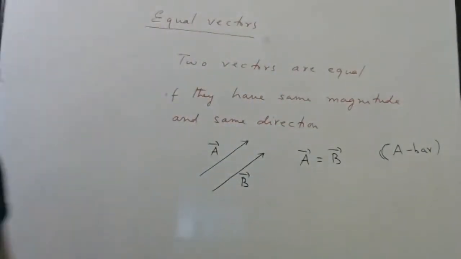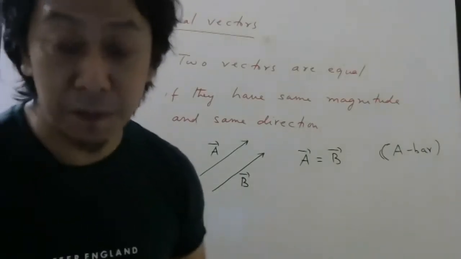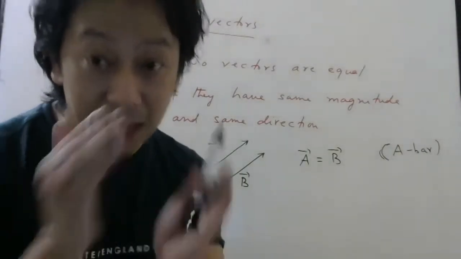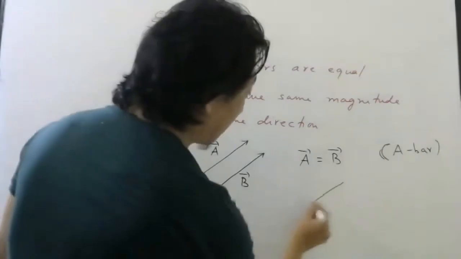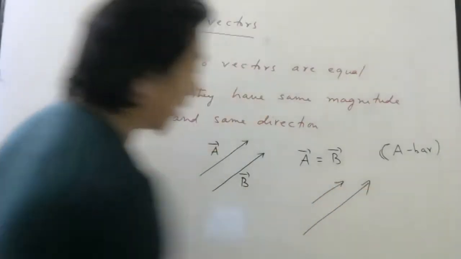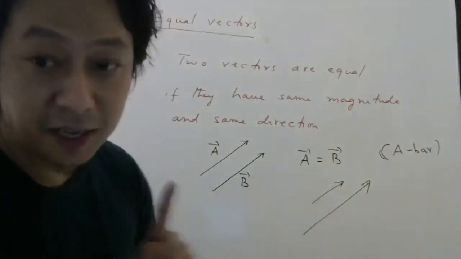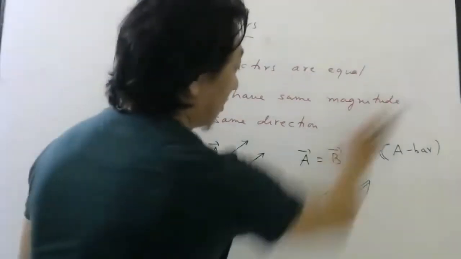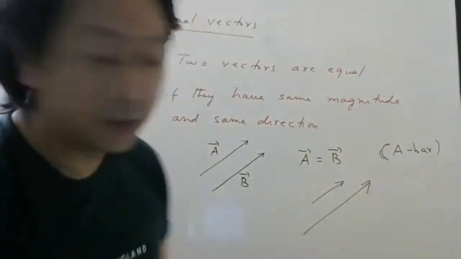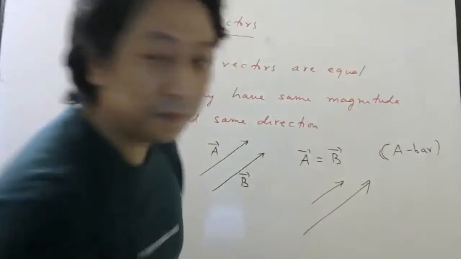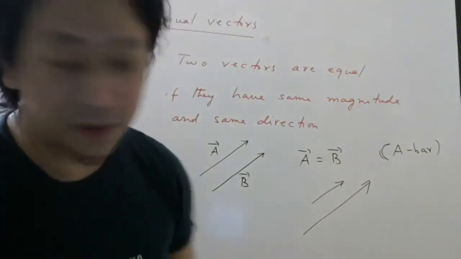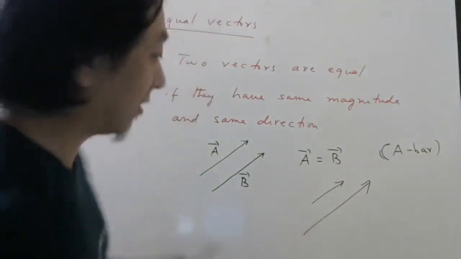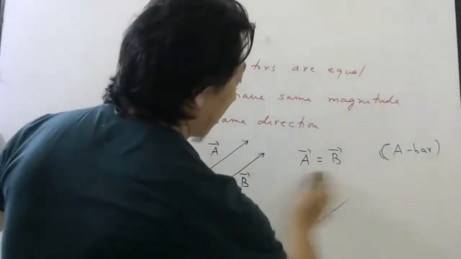So this is the meaning of equal vector. It should be parallel, but at the same time, the length should be same. So you cannot say this vector and this vector are equal. They may have same direction because if this is east, this is also east, right? So direction may be same, but length is not same. So these two are not equal vector. So only parallel you cannot say.